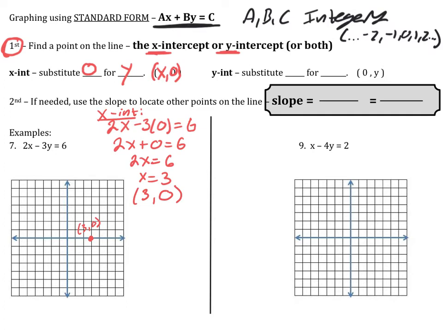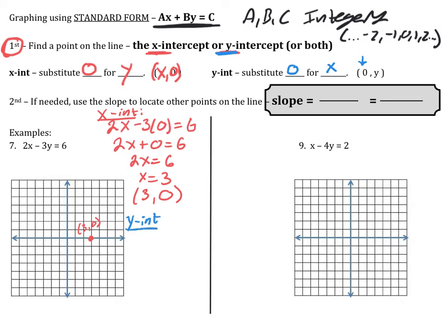Let's find this y-intercept. Okay, so this is going to be very similar with one slight difference, which is that this time we're going to substitute 0 in for x. So if you see in our point, the 0 is now in the spot where the x value goes, and we're looking for that y value. So let's find this y-intercept.